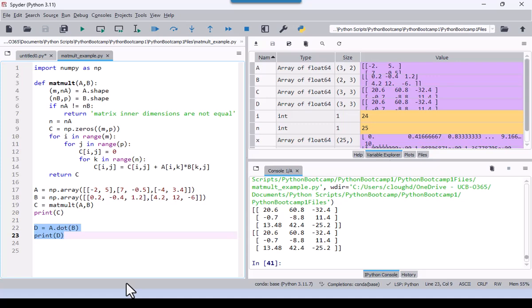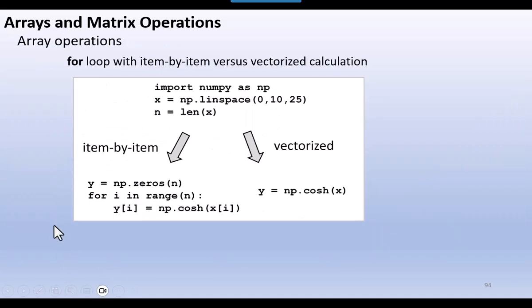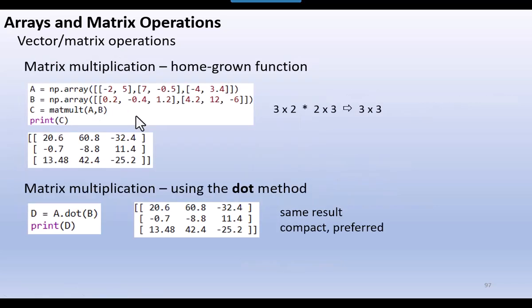Okay, so let's come back over, and this shows the matmult function, and it shows this shape method that I used, which I'm introducing as new, and then it shows the results.